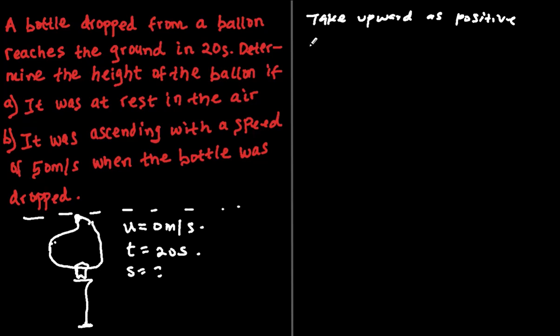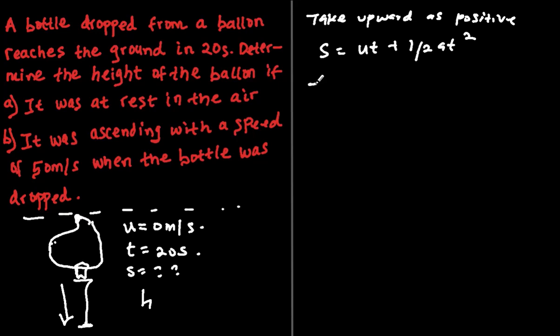Then our displacement is also going to be negative because we are looking for the height this object is going to fall, the body is going to drop from where it was dropped downward. So the displacement is negative, it's going downward. So if you take upward as positive and then you plug in your equation of motion, it is going to be s equals ut plus half at squared.